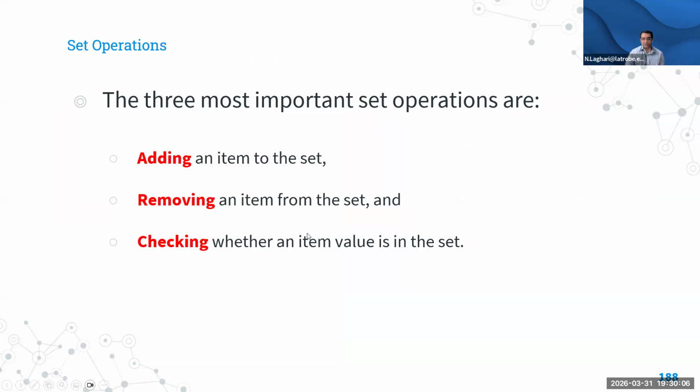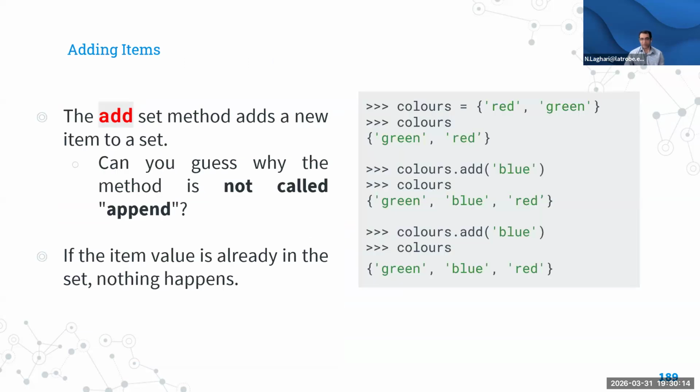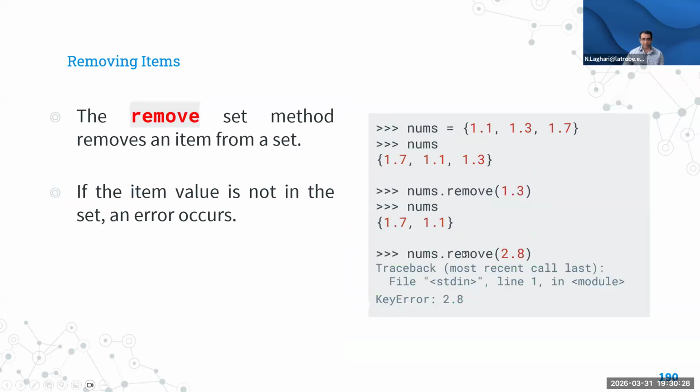So the most important set operations are adding an item to the set, removing an item from the set, and checking whether the item is present in it. So we see them one by one. We have colors, red and green. We add blue to colors, and it'll add blue. If we add blue again, it won't do anything because the set keeps uniqueness. Okay, and remove.